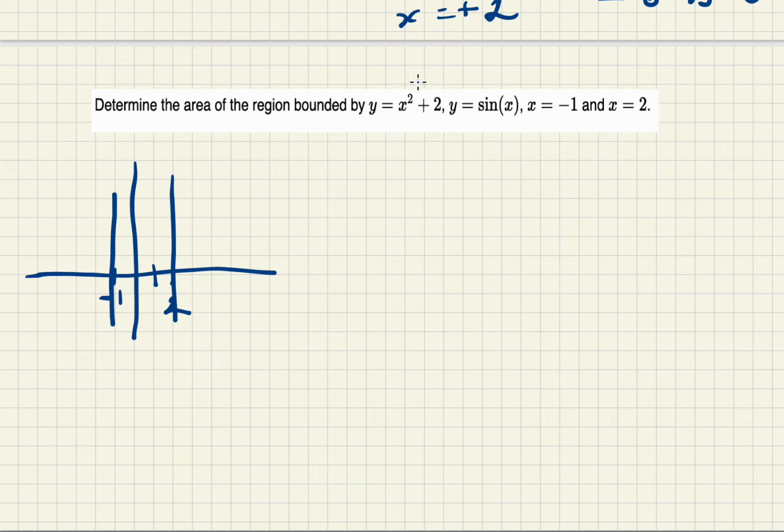Now we can graph x squared plus 2 and y equals sine of x using a calculator, and we get something that looks like this.